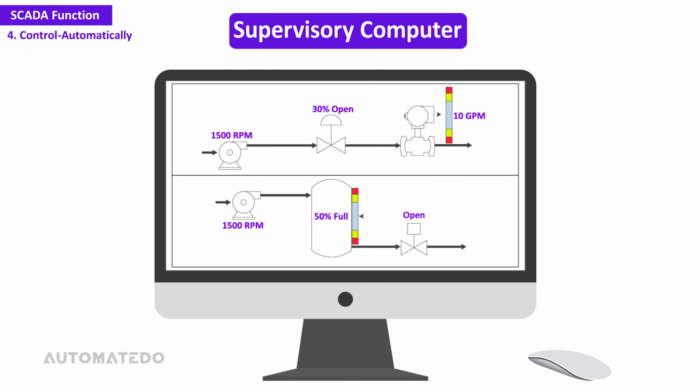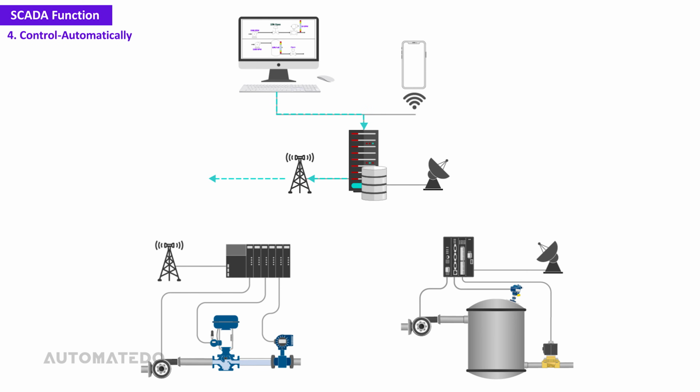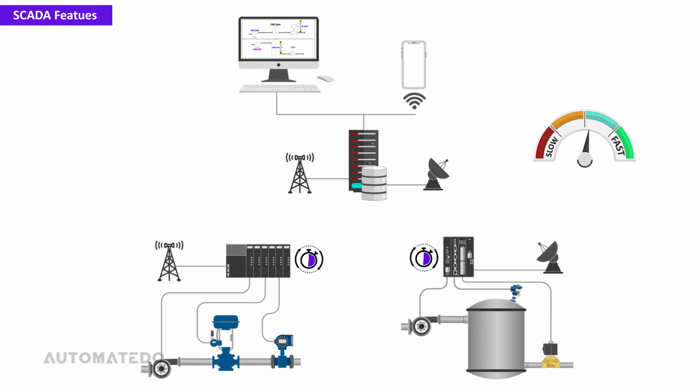This way, if the program is designed to run automatically when an alarm condition occurs, the HMI software itself will take care of that. So the operator doesn't have to sit at his desk all day waiting for that alarm to go off. Finally, let us consider reviewing the most significant features of the SCADA system. Since the processing time in the SCADA system is almost fast, it is suitable for time-sensitive processes.